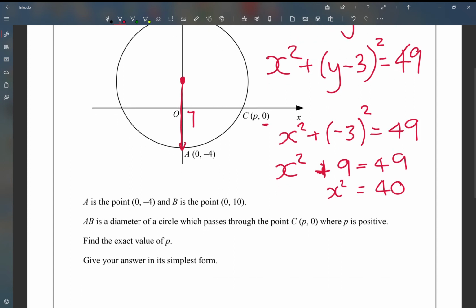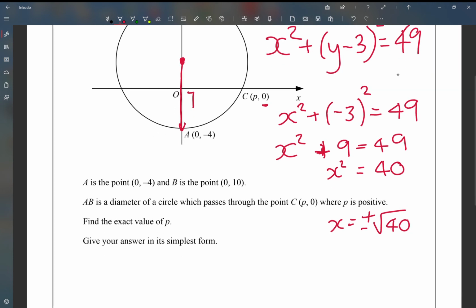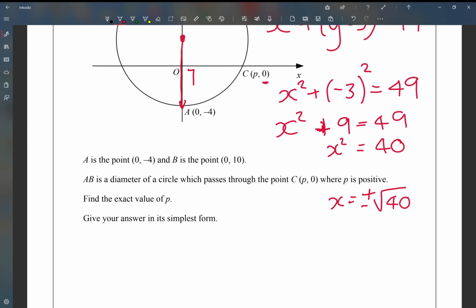So that x must be root 40, and you can simplify that. Sometimes there's a clue in its simplest form. You are going to have to simplify it. Root 40 is not as simple as it can be.